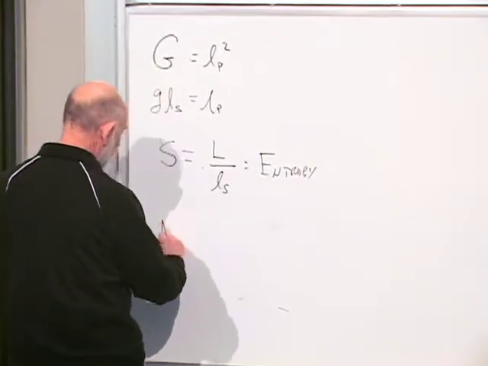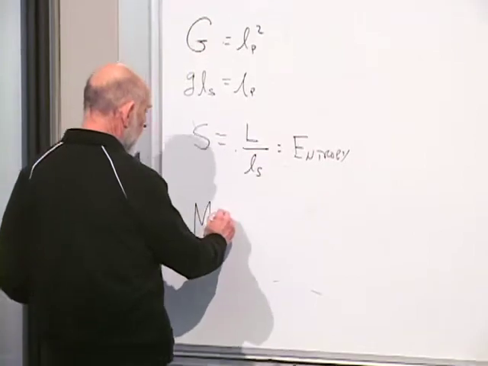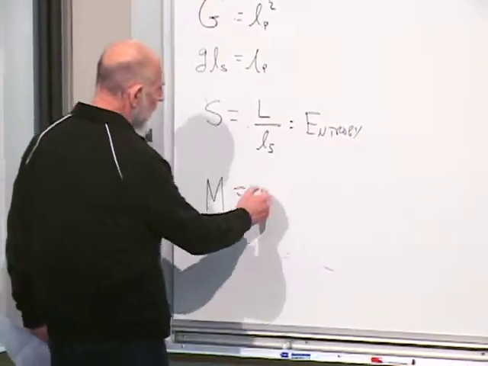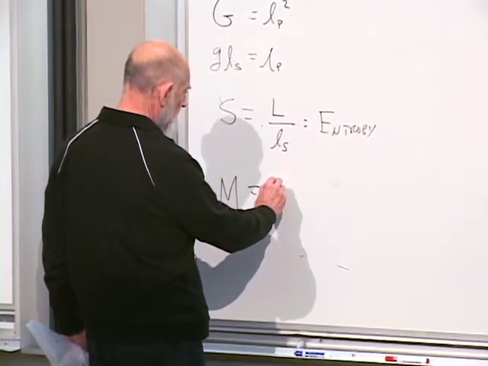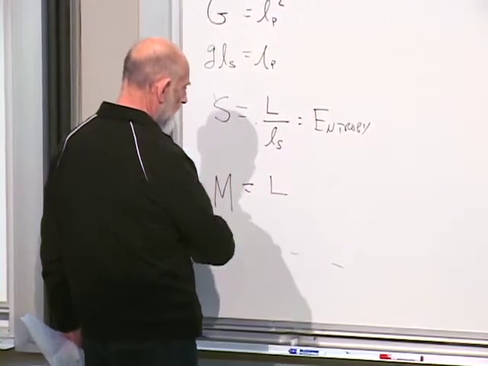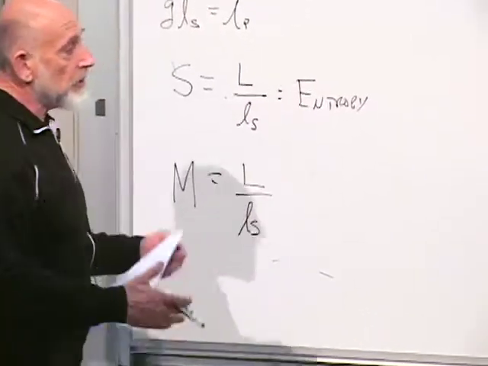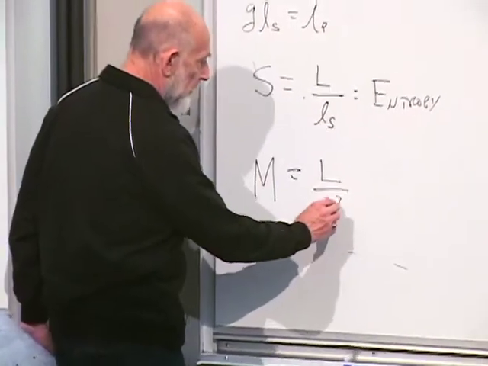The total mass of the string is equal to the number of little segments times the mass of each little segment. How many little segments? The number of little segments is L divided by L string. And that gives us another L string downstairs.